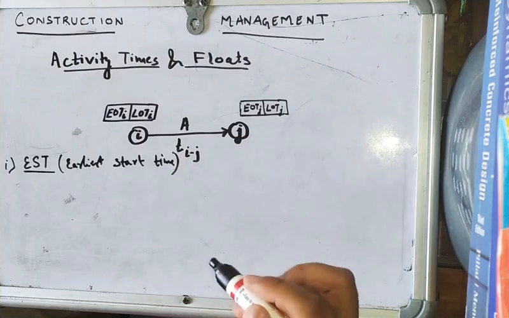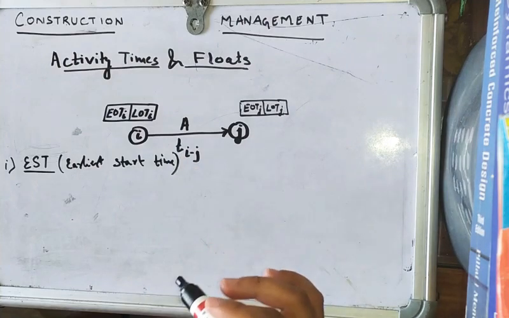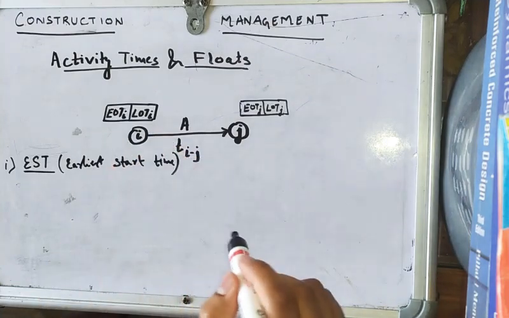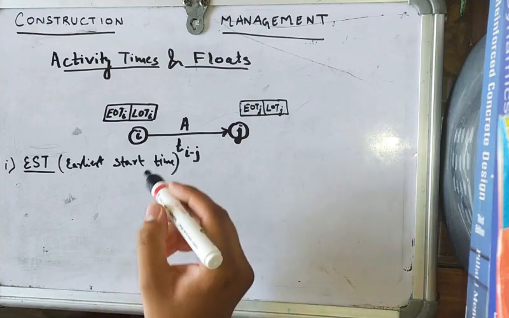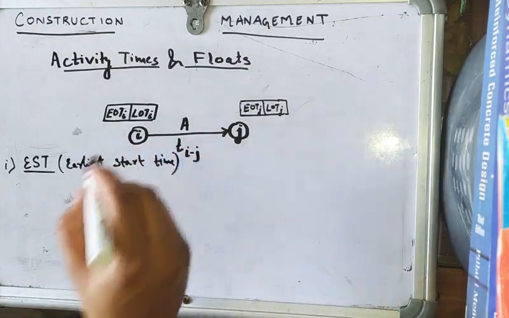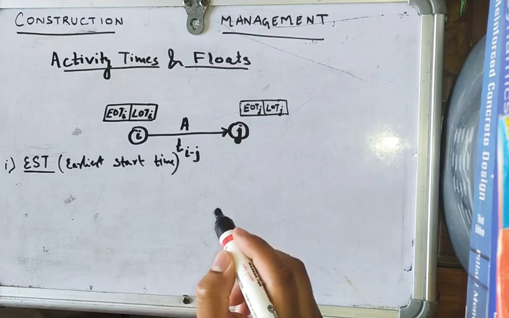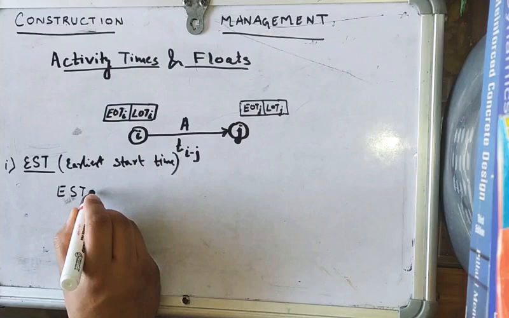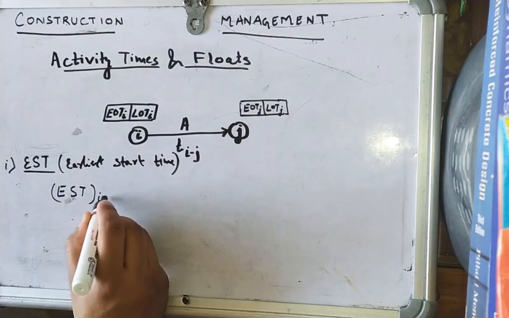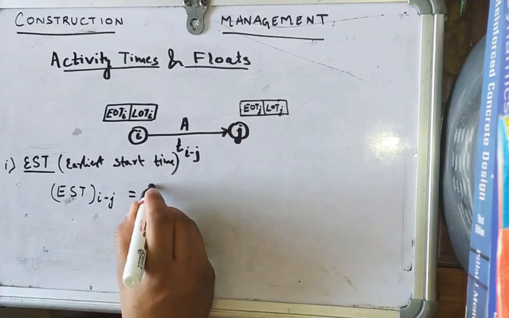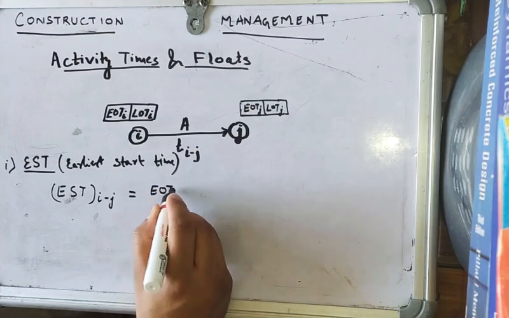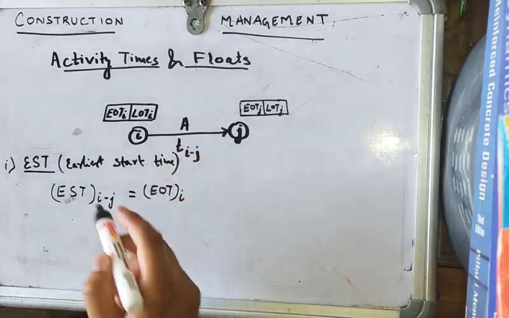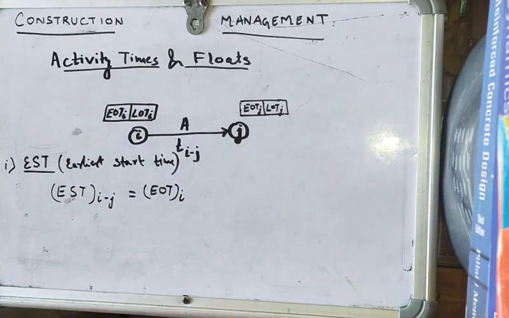So this activity A cannot start before this earliest start time. For this activity A, the earliest start time will be the EOT, that is the earliest occurrence time of the node i event. So here we can see that EST for ij is equal to the earliest occurrence time of node i, because this activity cannot start before this earliest occurrence time of i.